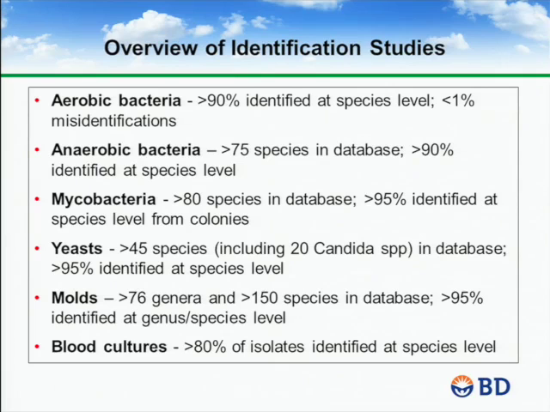Molds, and the mold work was done by actually one of the Australians we stole from Sharon's lab, a fellow that came to my laboratory at the NIH. Mold identification by this technology is a challenge because molds are identified morphologically, so that's really not a good gold standard to compare your MALDI-TOF with.